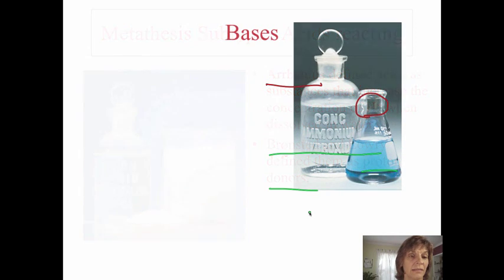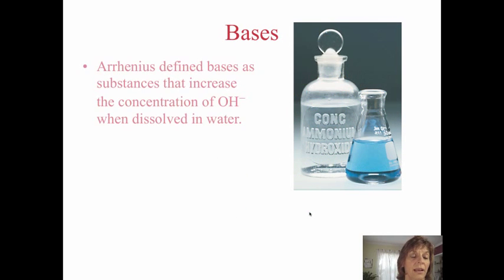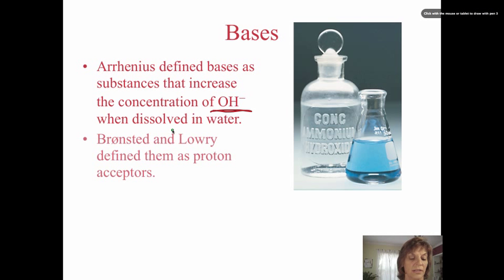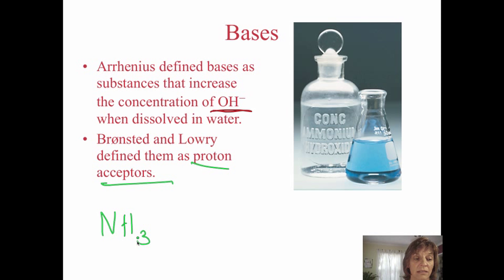Okay, a base has Arrhenius and Bronsted-Lowry definitions also. Arrhenius defined a base as something that donated hydroxides to the solution, whereas Bronsted-Lowry defined them as proton acceptors. I'll give you a quick example of that. One base that is not a hydroxide is ammonia gas.